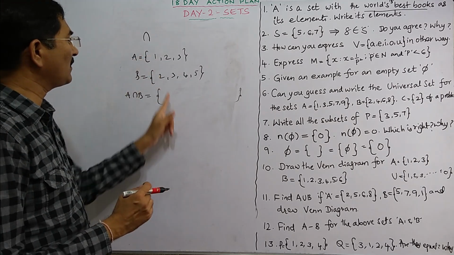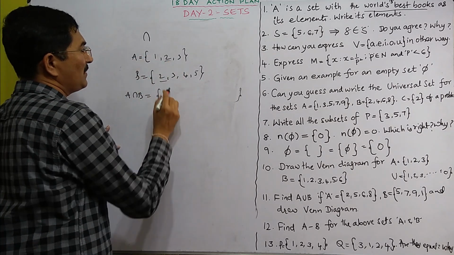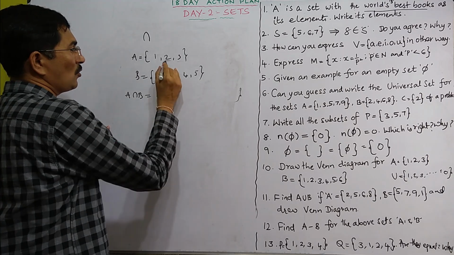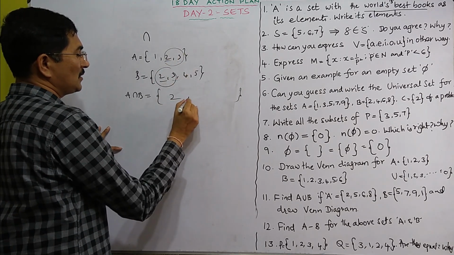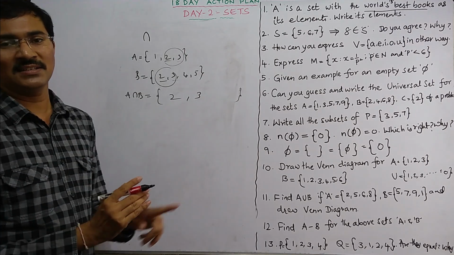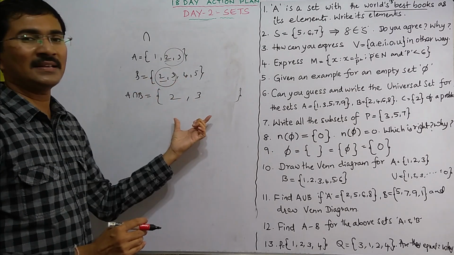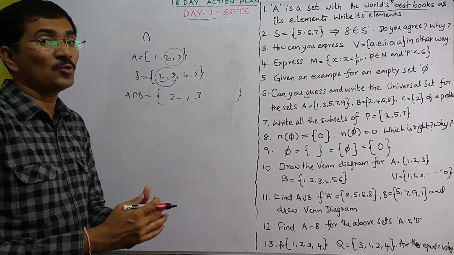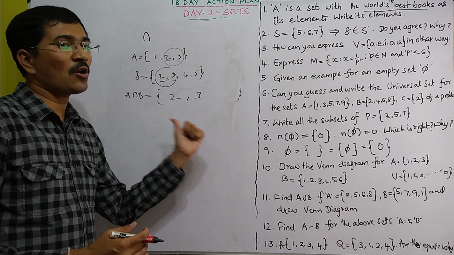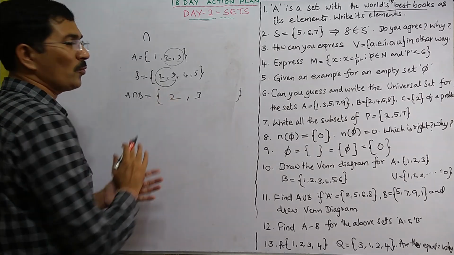So what is common between them? 2 is common, 3 is common. So the elements which are common between them are considered to be the elements of A intersection B. There we were combining all in the union. Now here we are writing only common elements. So this is how we write it.